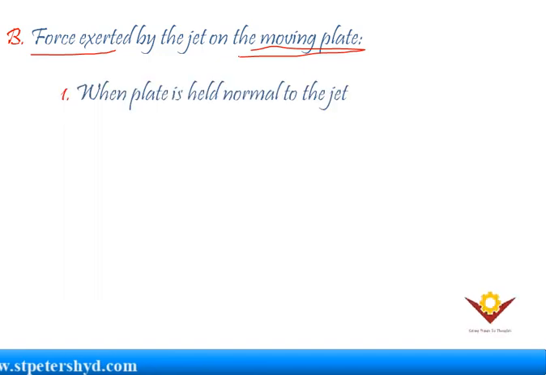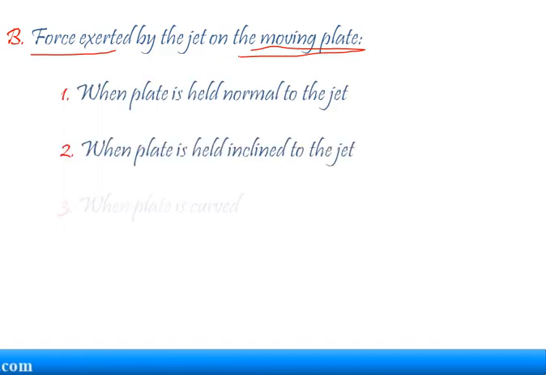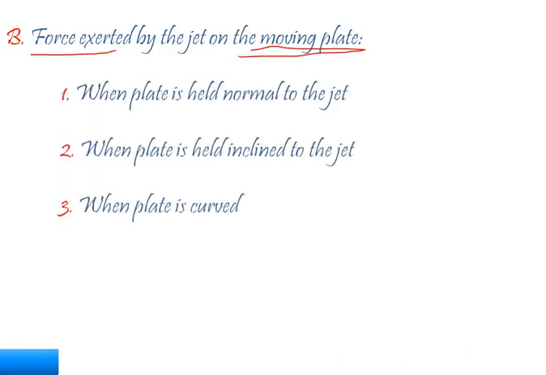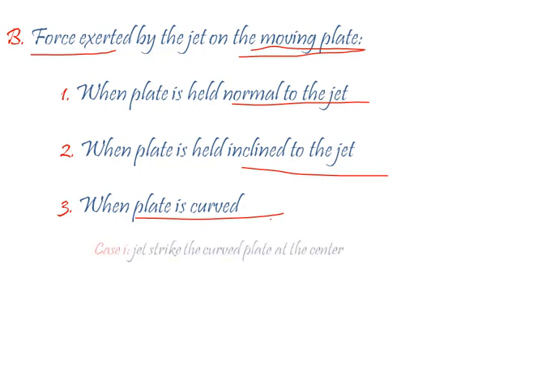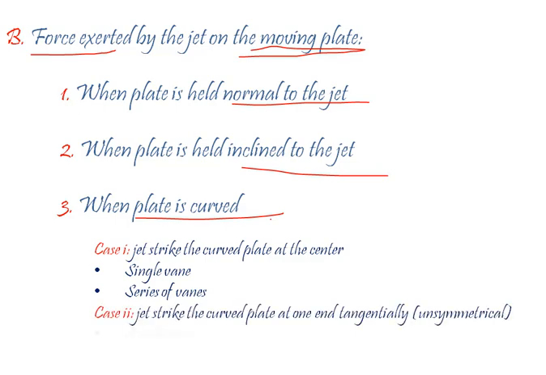Clear? And again in this we have three cases, like the previous one: the normal jet, inclined to the jet, and the curved plate. For this curved plate we have two cases, and in a single case we have two sub cases.